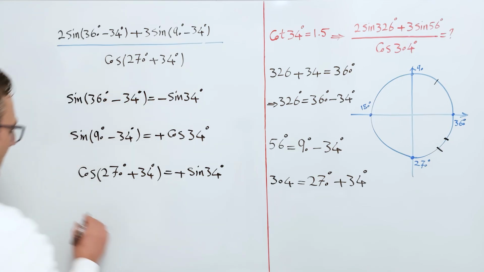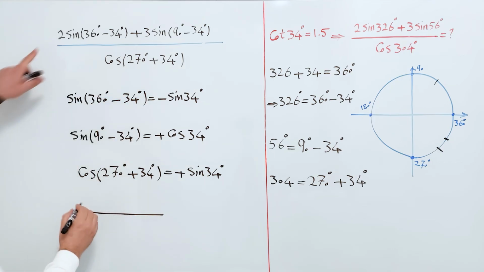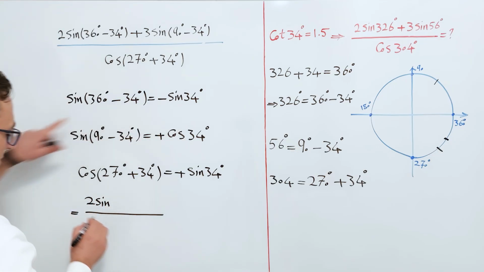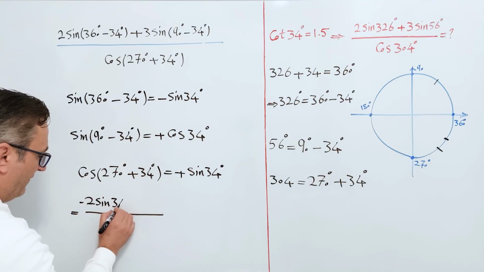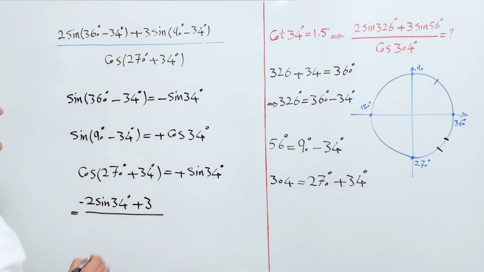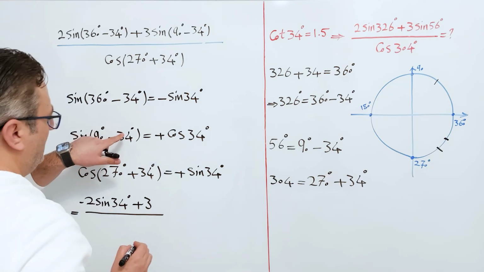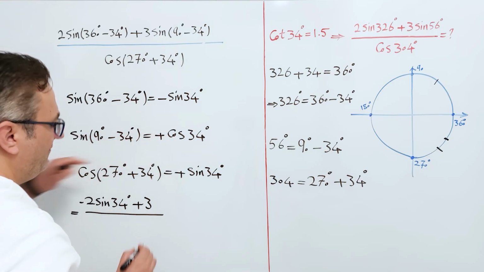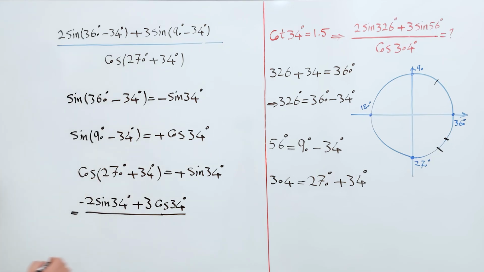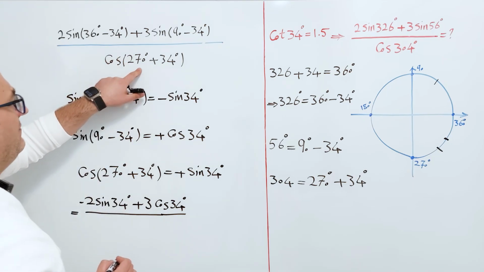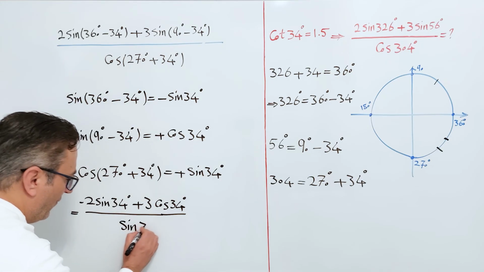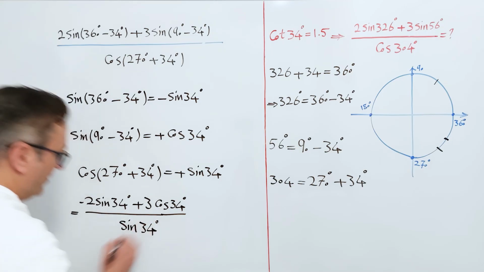So this fraction is equal to minus 2 sine of 34 degrees plus 3 sine of 90 degrees minus 34 degrees, which is positive cosine of 34 degrees, divided by cosine of 270 degrees plus 34 degrees, which is sine of 34 degrees.